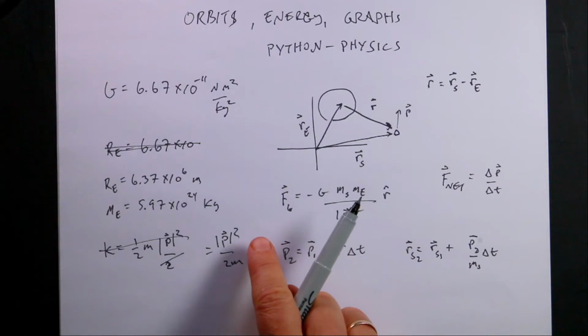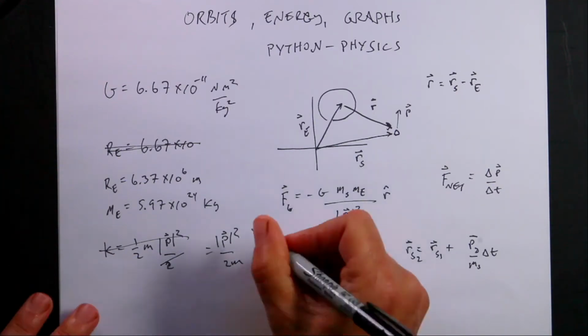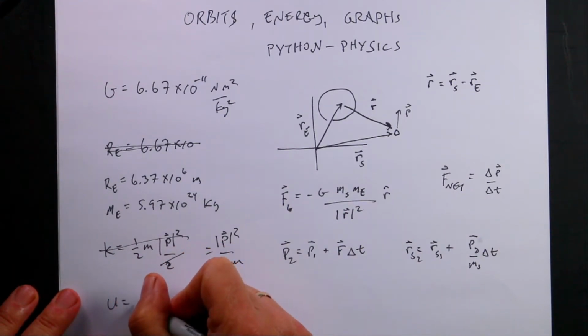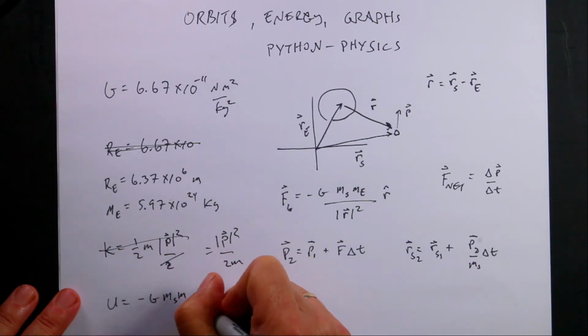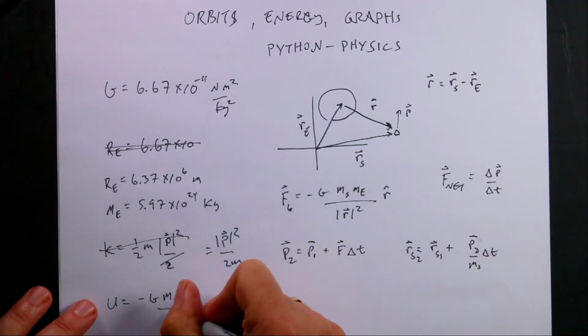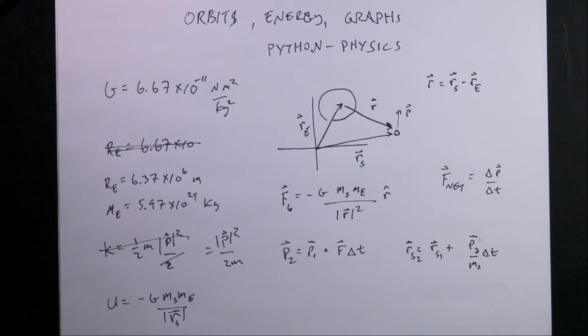I can take the magnitude of the momentum squared and divide by twice the mass, and that'll be the kinetic energy. And then the potential energy is going to be negative G ms me over r. And that's actually like this. And that would actually be rs. No, it's r. It's r. Okay, so let's jump over to Python and make this happen.